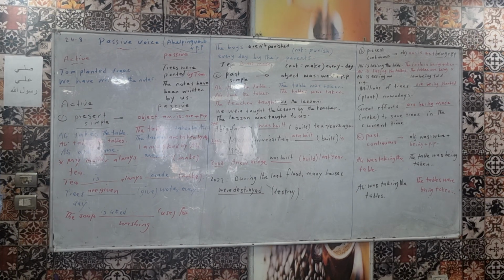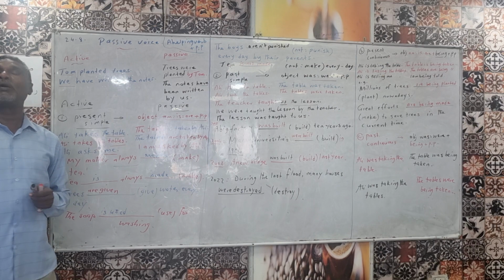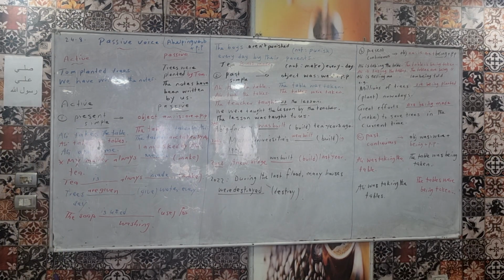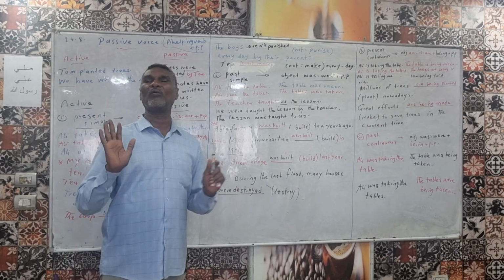We publish the novel. The novel is published. We publish the novels. The novels are published. حولها past simple tense. We published the novel. The novel was published. We published the novels. The novels were published.